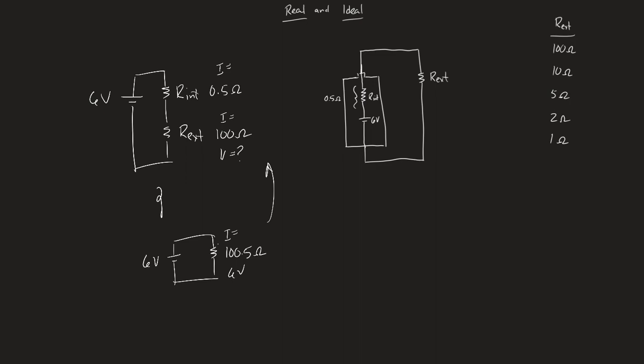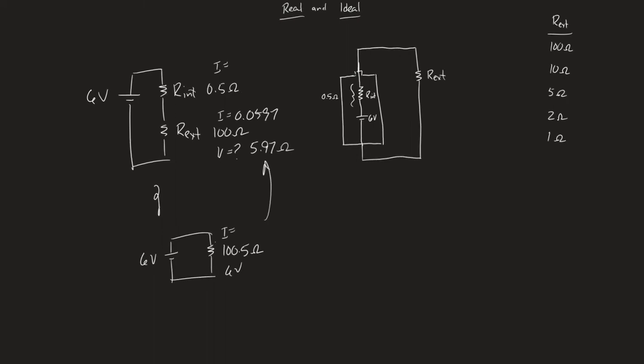It's not hard. Did everybody do the same thing? Did you do 6 divided by 100.5? You found the current to be 0.0597, and you multiplied to get the voltage and found it was 5.97 volts. Pretty good? Pretty straightforward? All right.